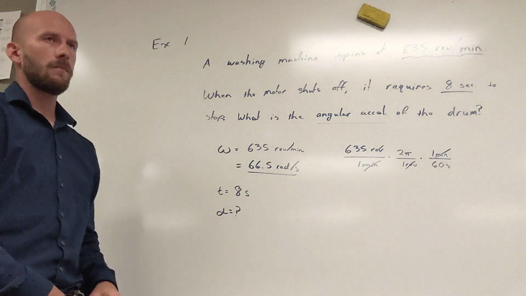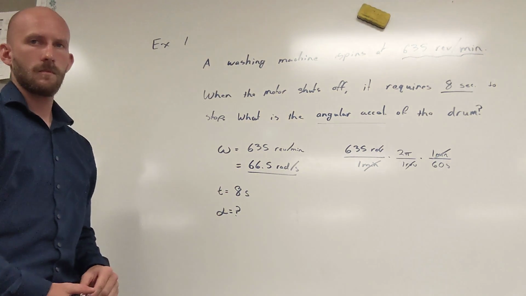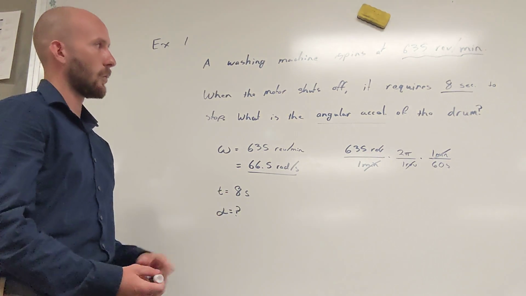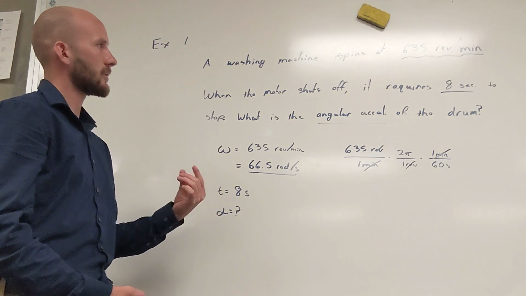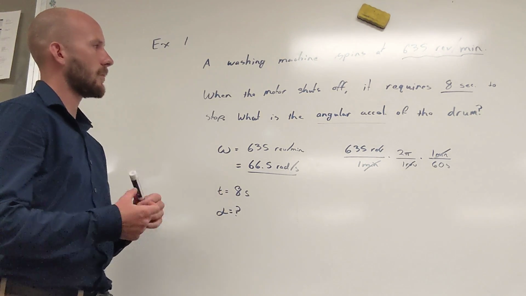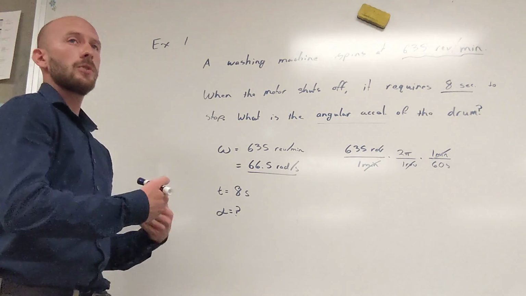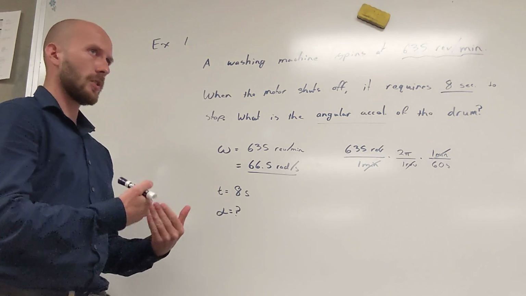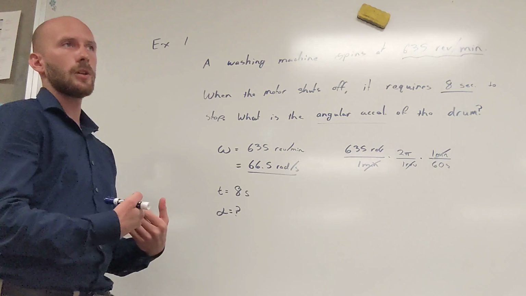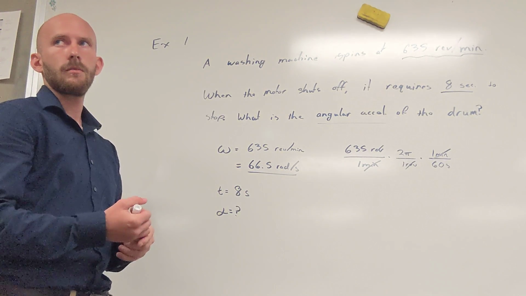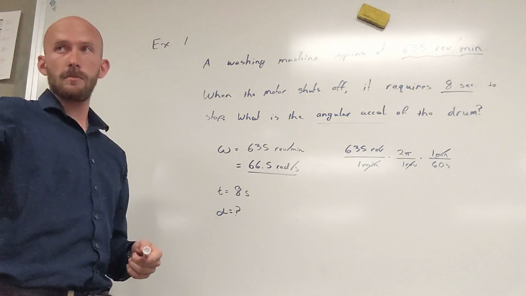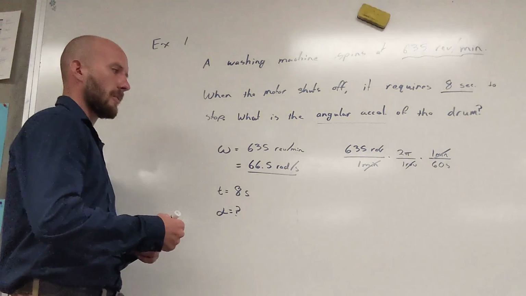The washing machine is spinning at 635 revolutions per minute. When the motor shuts off, it requires 8 seconds to stop. What is the angular acceleration? So obviously, if there's an acceleration, the angular velocity is changing. It started out at this. What did it finish at after the 8 seconds? Zero. Yes, that's what I want you to get.